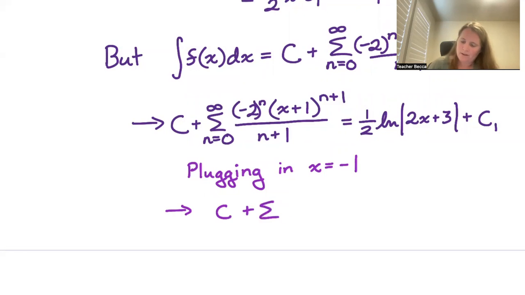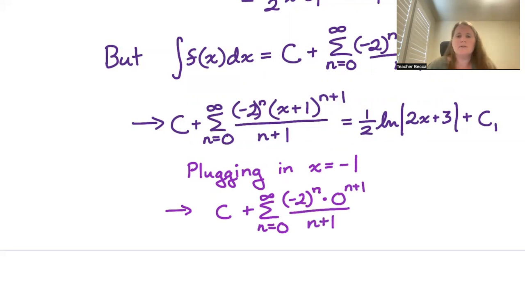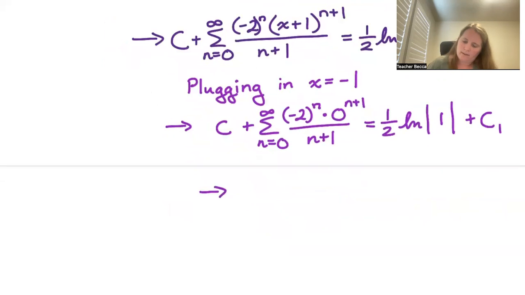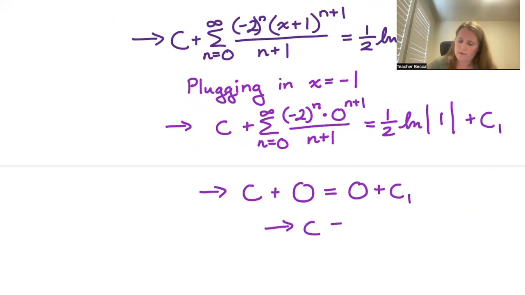I'll have the sum from n equals 0 to infinity of (-2)^n times 0^(n+1) over n plus 1. So that part will just go to 0. This is equal to 1/2 times the natural log of, we would have -2 plus 3, or 1, and then plus C1. So this is just C plus 0 is equal to, natural log of 1 is 0, so 0 plus C1. So we have our C and C1 are equal to each other.